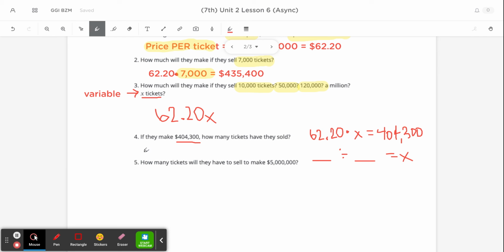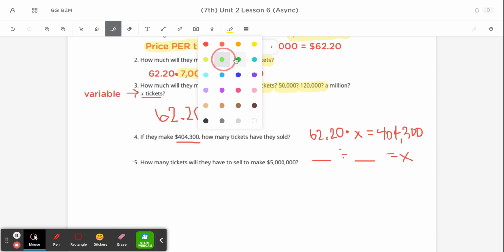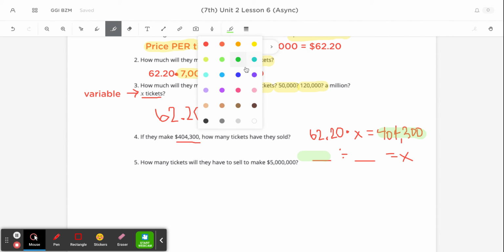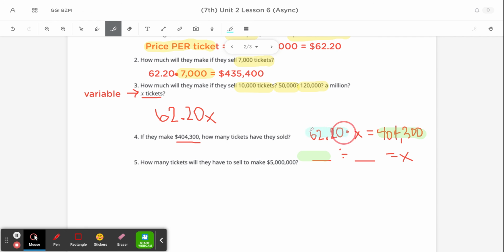What should I divide? Well, I know that my product is $404,300. So I'll go ahead and divide my product by my factor, what I'm multiplying, which is 62.20.